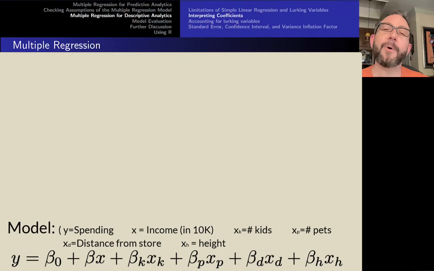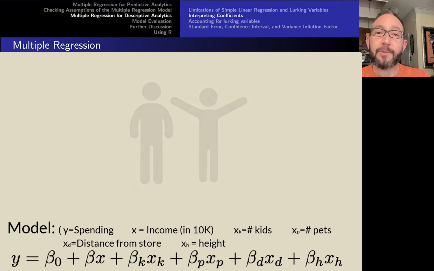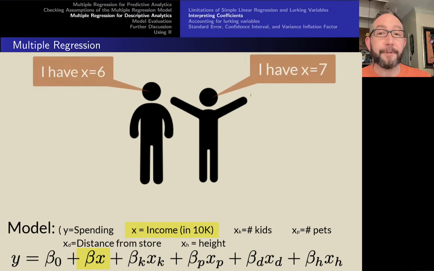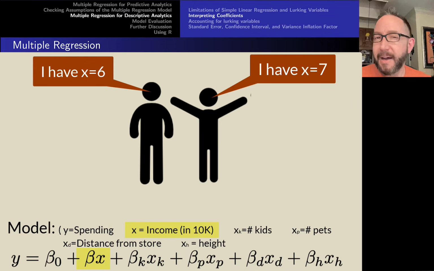So here's how we're going to interpret the coefficient of a predictor in a multiple linear regression. We're still going to envision two different individuals, but these individuals are going to be differing in a very specific way. If we're looking at the coefficient of a predictor, let's call it x, we're going to say that these two individuals differ in x by 1 unit, but otherwise they are identical.